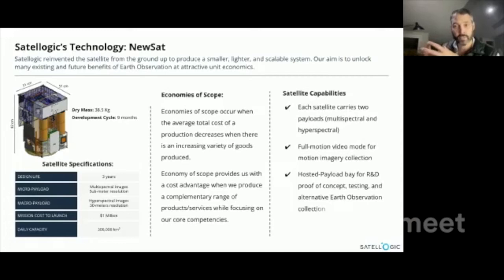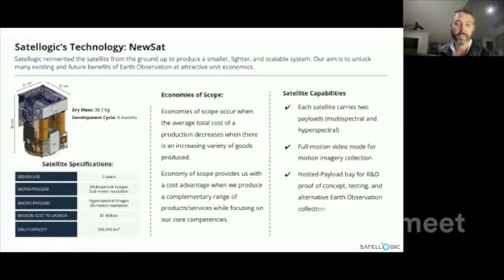The demand signals are growing there. So we can stop imaging in multispectral with satellite 4 or 5 and start imaging in hyperspectral, without launching new satellites for that very reason. It's a great place to be, and it's a model that works for us.